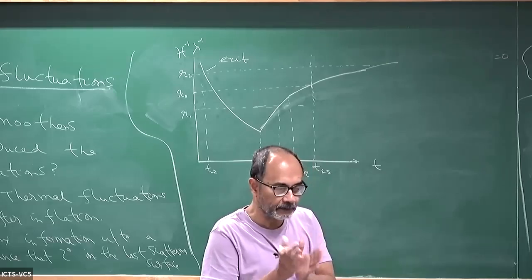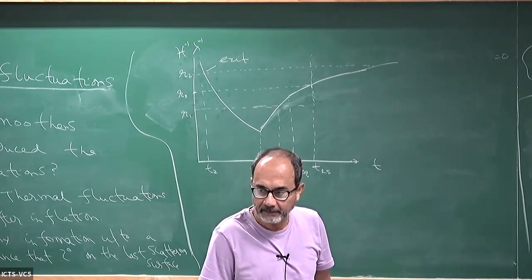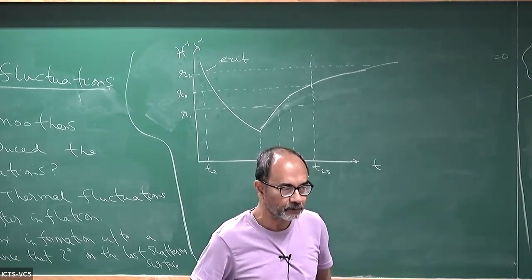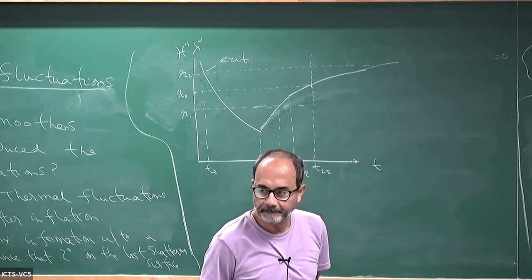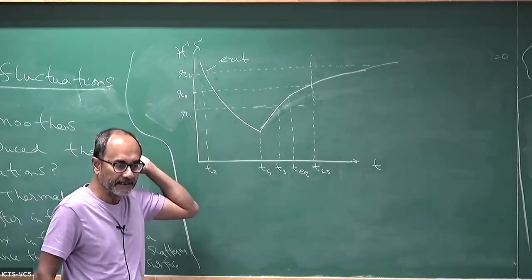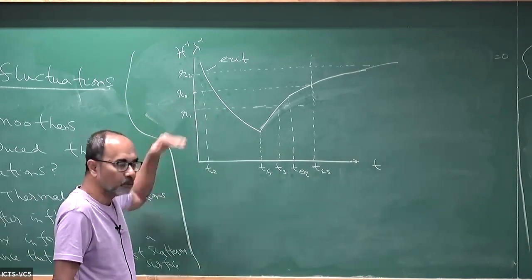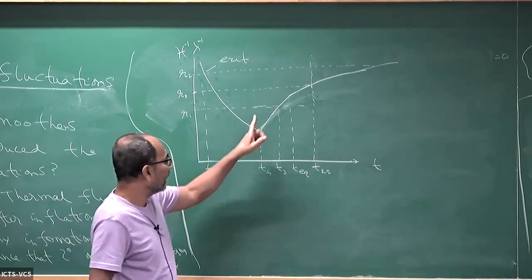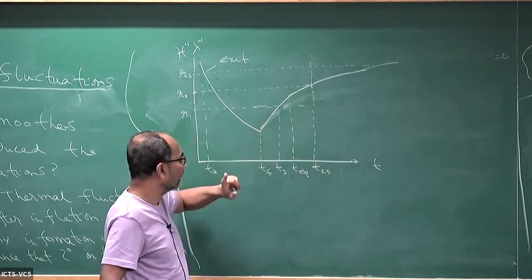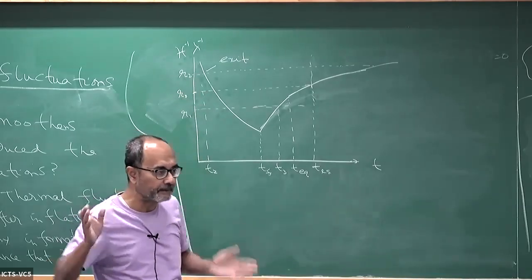Fluctuations below 2 degrees could be affected by physics after inflation, but fluctuations outside the 2 degree range cannot be affected by physics after inflation. So that's the reason why R naught spans 2 degrees in the sky. Fluctuations at a scale below this 2 degree scale are affected by microscopic physics after inflation, while fluctuations above the 2 degree scale are not.